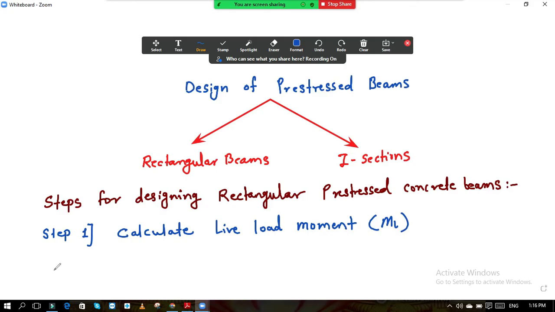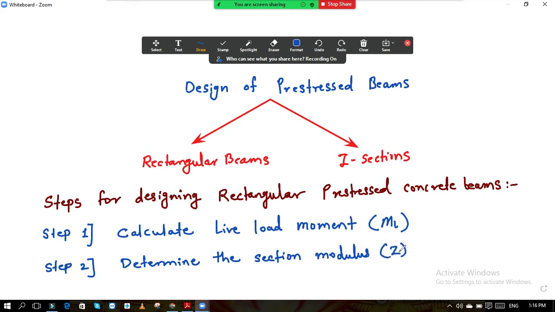Okay. Then step 2, determine the section modulus. Section modulus is Z. So Z is equal to, how do we calculate Z?